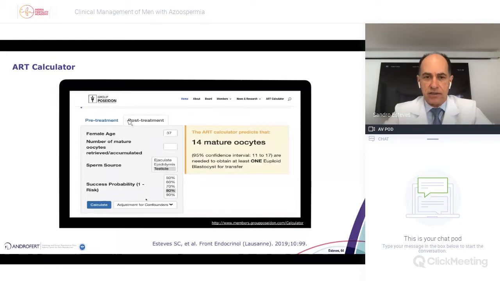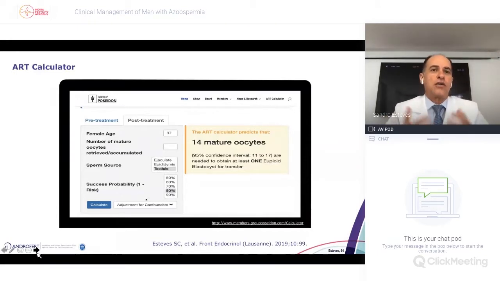So the calculator is just to provide some guidance for the doctor willing to discuss with the patient what is the best approach in terms of the ovarian stimulation that could optimize the chance of achieving this metric, which is the minimum of one euploid blastocyst for transfer to each patient.